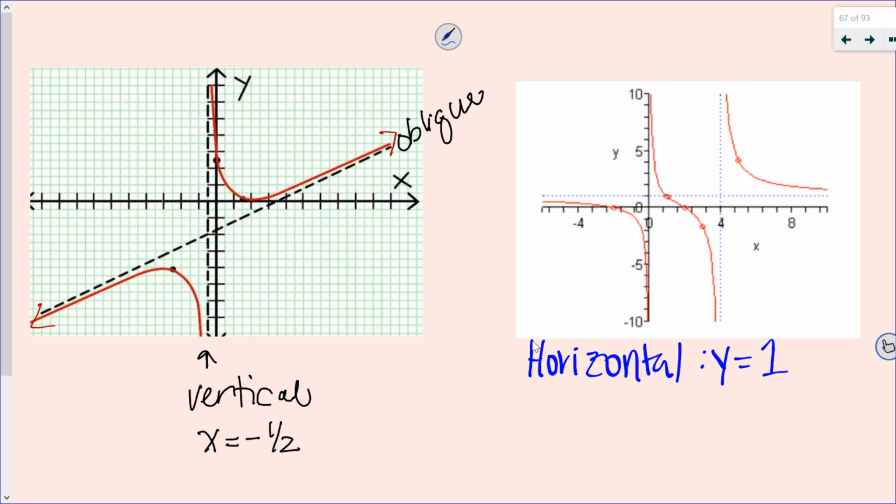And then what are the vertical asymptote equations? Okay, and? What's that? Any other vertical asymptotes? 8?